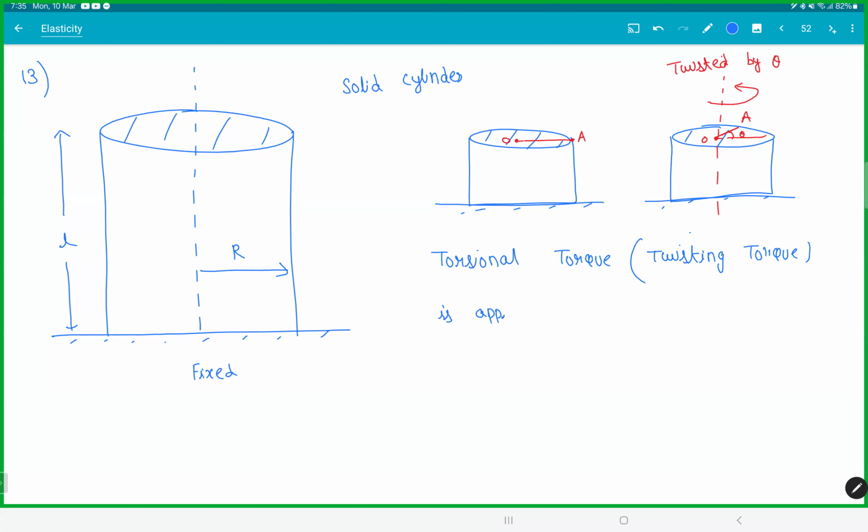A twisting torque is applied on the cylinder, rotating it by theta. Twisting the upper surface by theta. Find the torque.